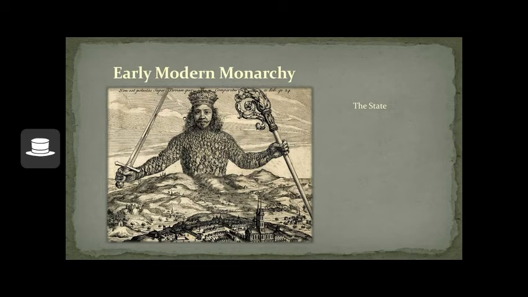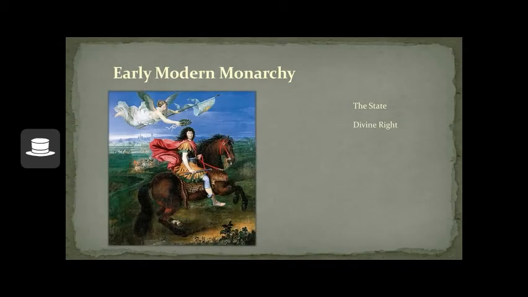Now, all governments have some sort of rationale for why it exists, a theory for why it exists, and why it has these powers, right? People often wonder, well, why do I have to listen to what the state says? Well, everyone has its rationale. In the early modern period, the rationale was that the king exercises his power by divine right. In other words, the king's power comes directly from God himself.